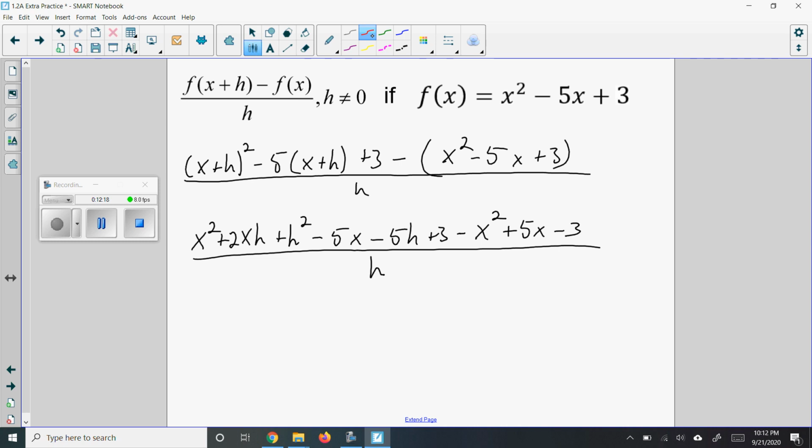Now again, we'll get some cancellations. The x squareds will cancel. The 5x's will cancel. And the 3's will cancel. So we'll end up with 2xh plus h squared minus 5h all over h.